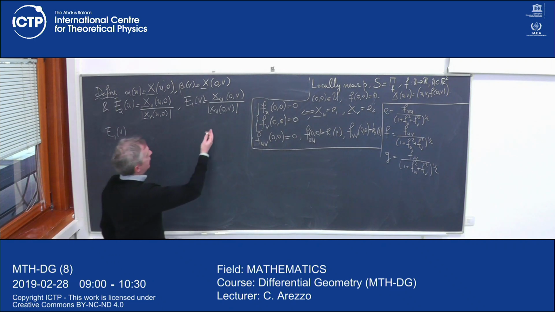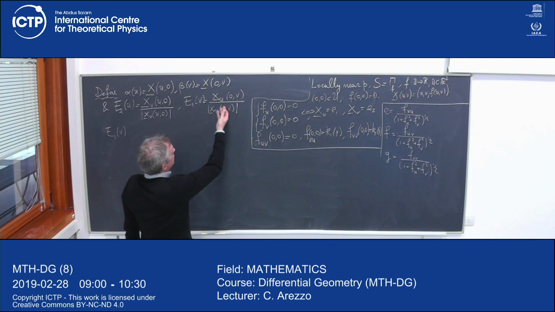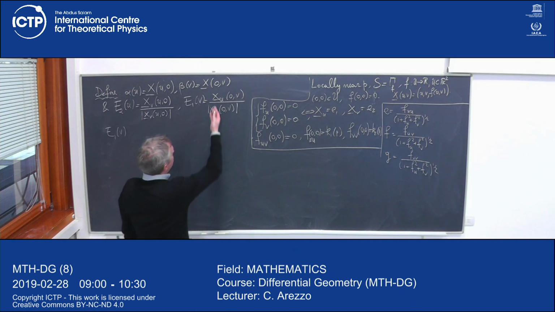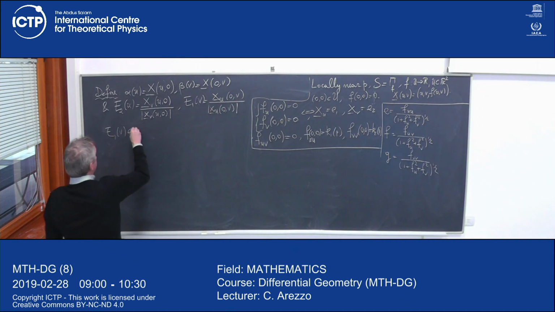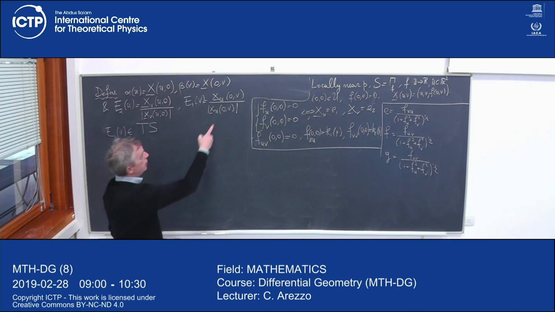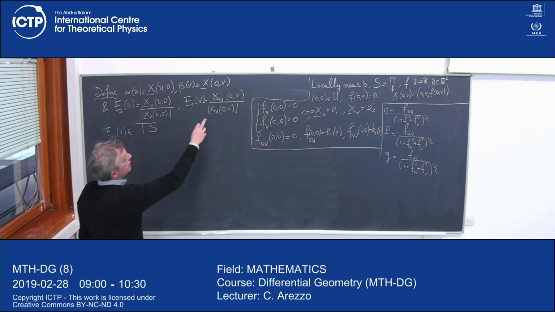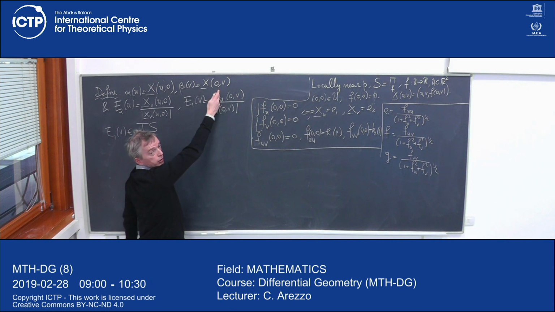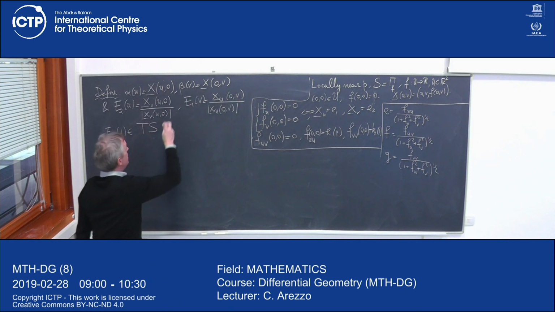Well, it's not just any vector. Up to renormalization, this is a tangent vector to the surface because it's of the form xu. Okay, so it's a tangent vector to the surface, not just any vector in R3. At which point? It lies in the tangent space to S at the point x of (0, v). But now I gave it a name. What is the point x of (0, v)? It's beta of v.